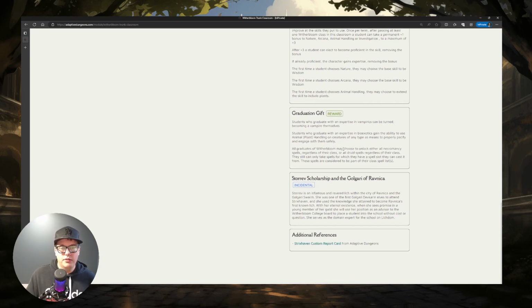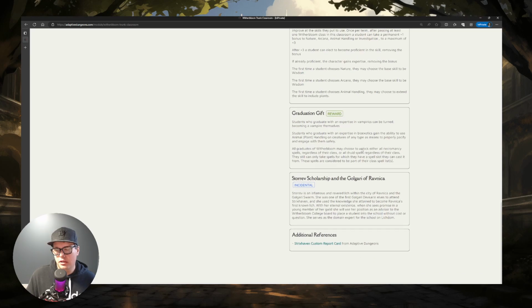And then if you go the necromancy route, you just get the ability to become a vampire. Yeah, I don't know if I need to say more about that. All graduates, regardless of these two paths, may choose to unlock either all necromancy spells or all druid spells from the 5e Player's Handbook, regardless of class.